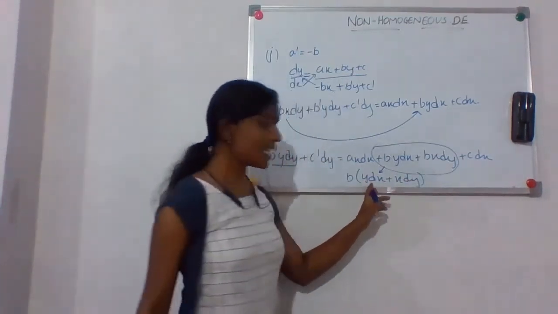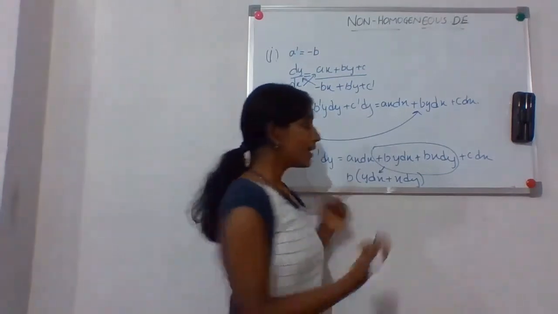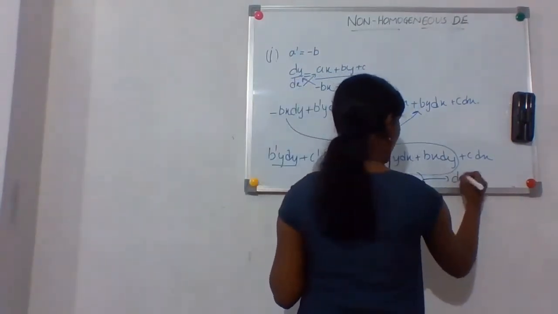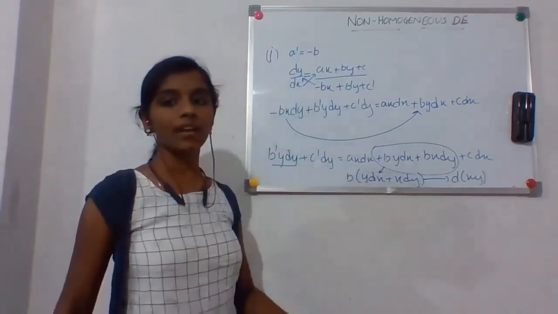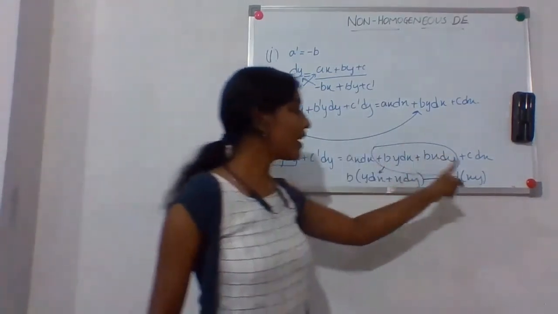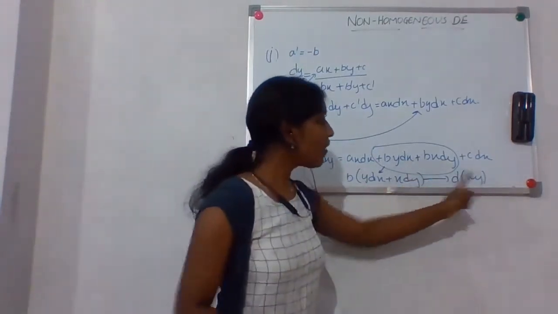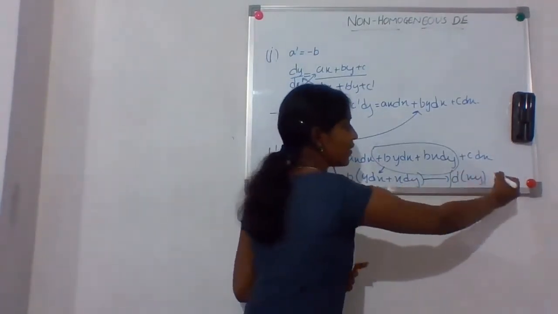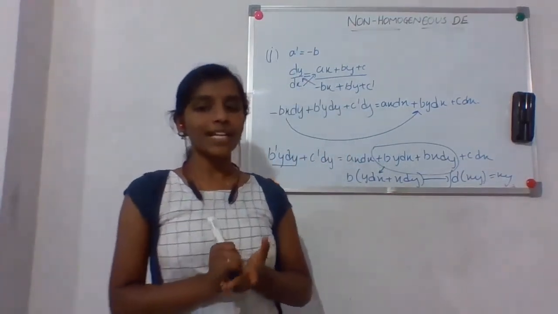So if you see this y dx plus x dy, could you remember something? Yeah, this is d of xy, that is derivative of xy. If you use uv and differentiate xy, this is what you get. So now this is derivative of xy, and if you integrate, the thing that you get will be xy. Right? So that is the first method.